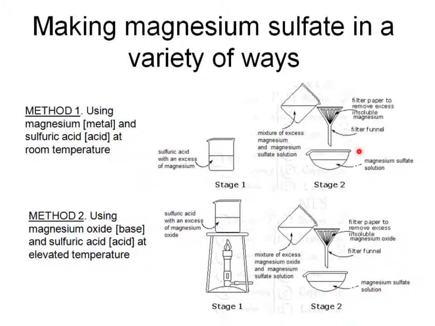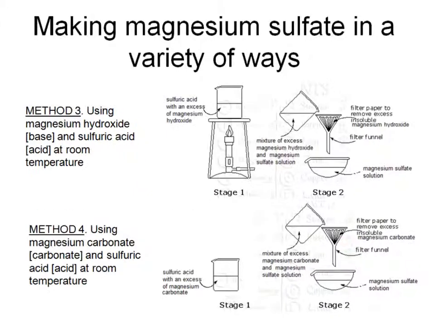A second way is to use an insoluble base, magnesium oxide, with sulfuric acid, again adding an excess of magnesium oxide into the heated acid. That leaves you a mixture of magnesium sulfate solution with the excess magnesium oxide, which again has to be filtered off, and you end up with the magnesium sulfate solution, which can then be concentrated up to make crystals. A third method uses magnesium hydroxide and another base reacting with sulfuric acid, using largely the same method as method 2.